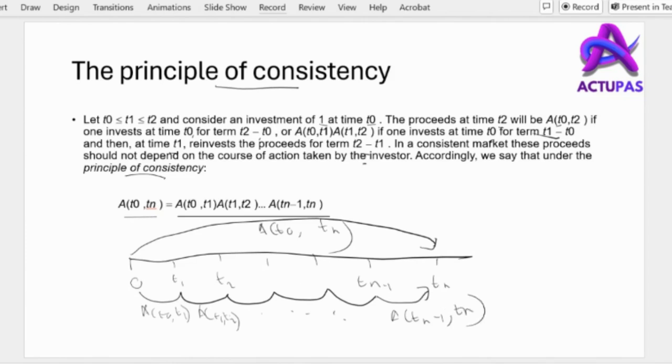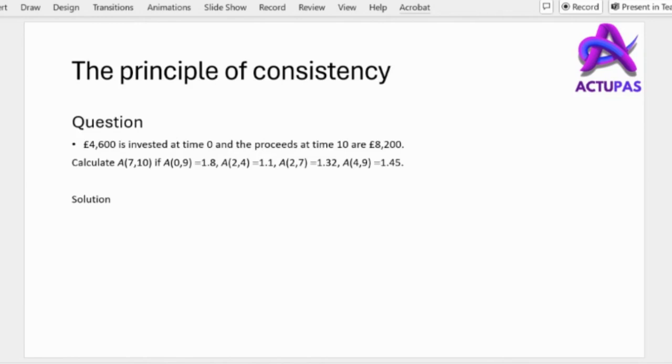So there should be consistency in the accumulations, to make them equal. And let's do this question.